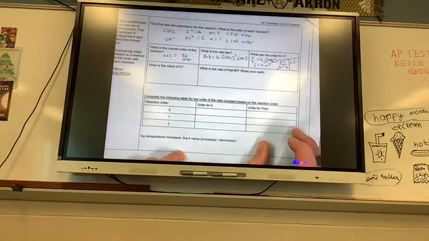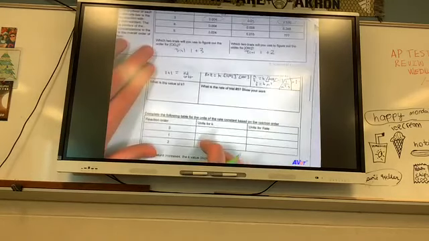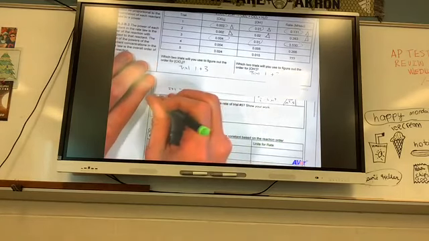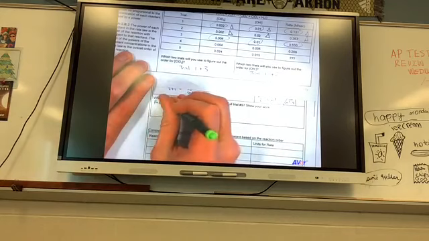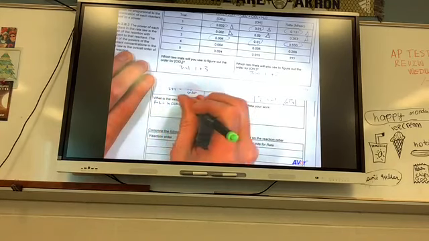What is the value of K? You pick any one trial and you're going to sub in your numbers. I usually just pick the first trial. So I'm going to say rate equals K times ClO2 squared times OH.